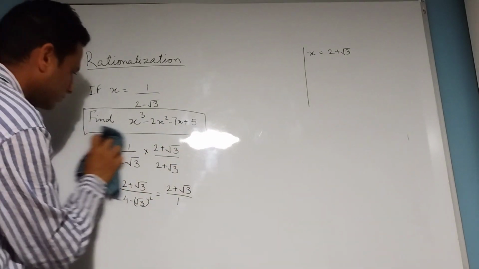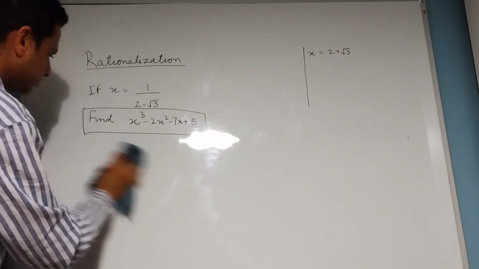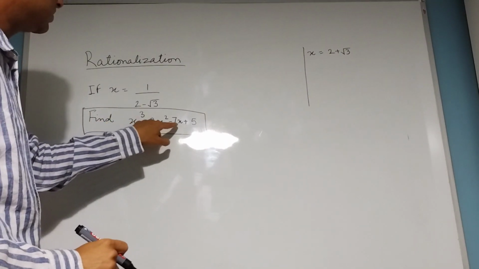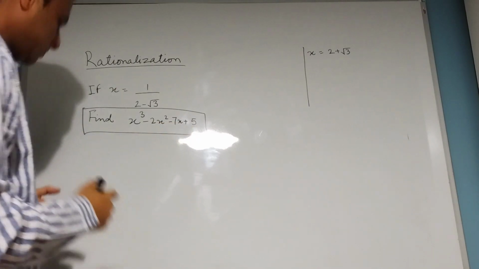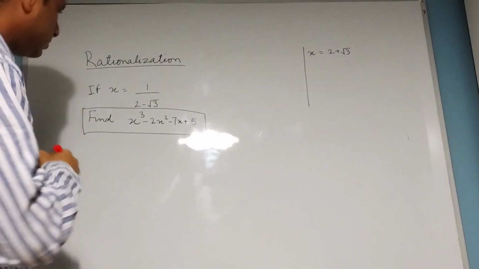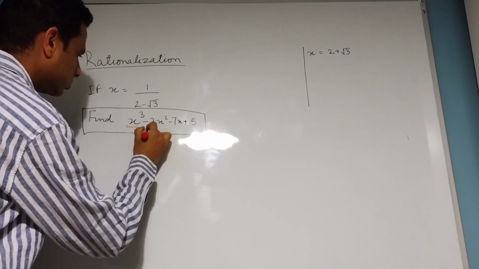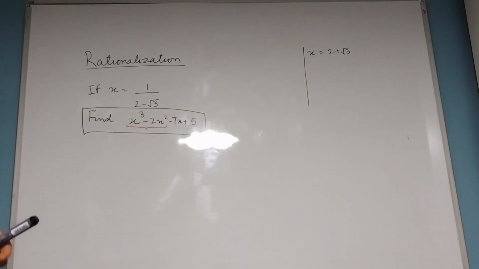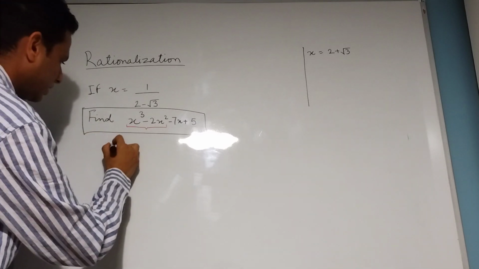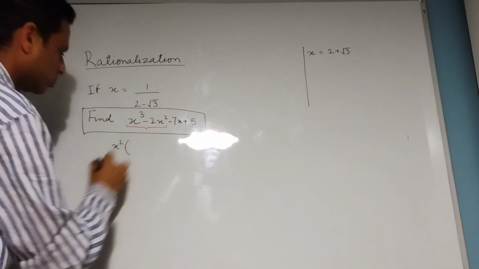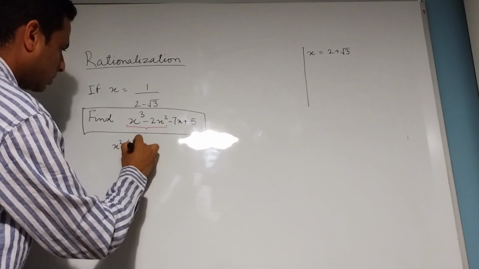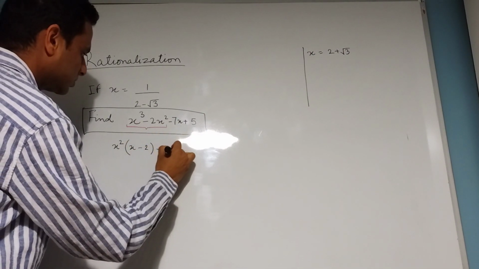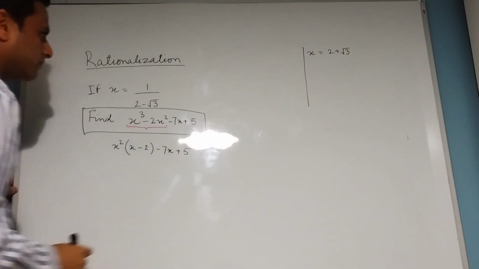Let's see this equation. This equation is x cube minus 2x square minus 7x plus 5. If I just take these two terms of the equation, I find that x squared can be taken as common: x squared times x minus 2, and then minus 7x plus 5.